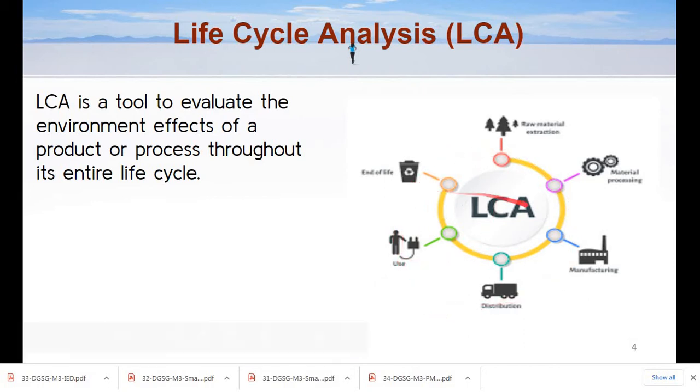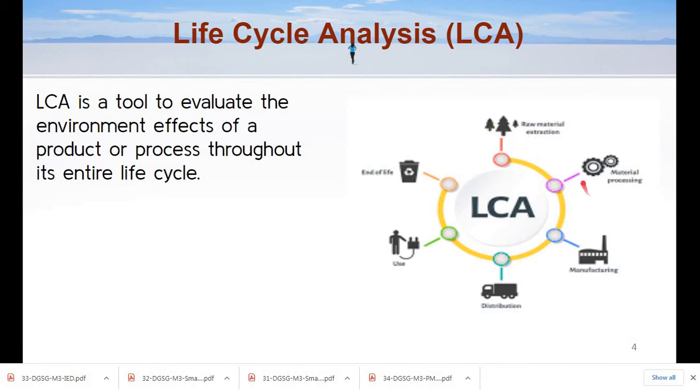So as this picture clearly indicates, here we have the raw material extraction. We have to see the environmental effects of this stage, that is the raw material extraction.